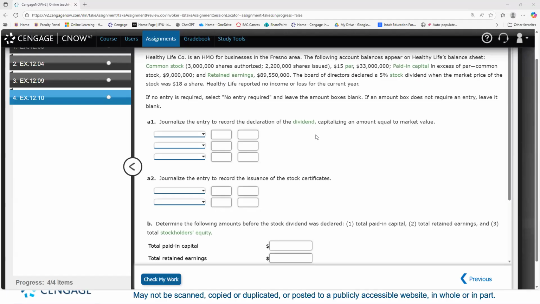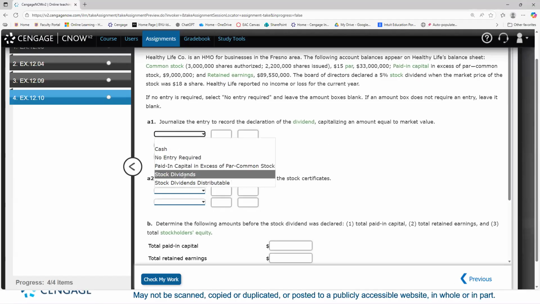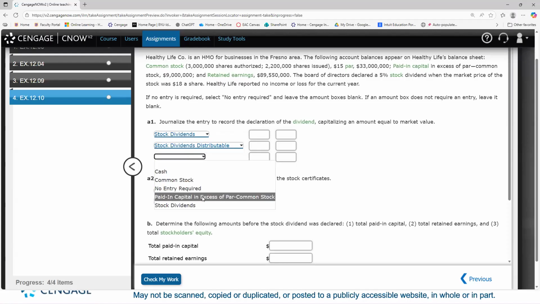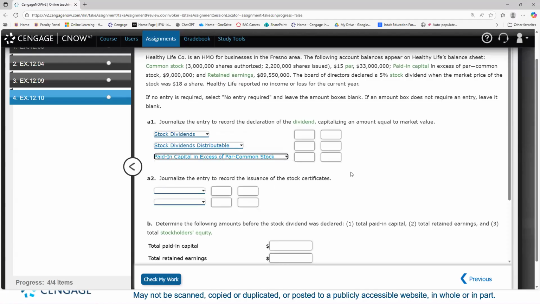All right. So we have the dollar amounts involved now in this stock dividend. We're going to debit stock dividends and we're going to credit stock dividend distributable and paid in capital in excess of par common stock.